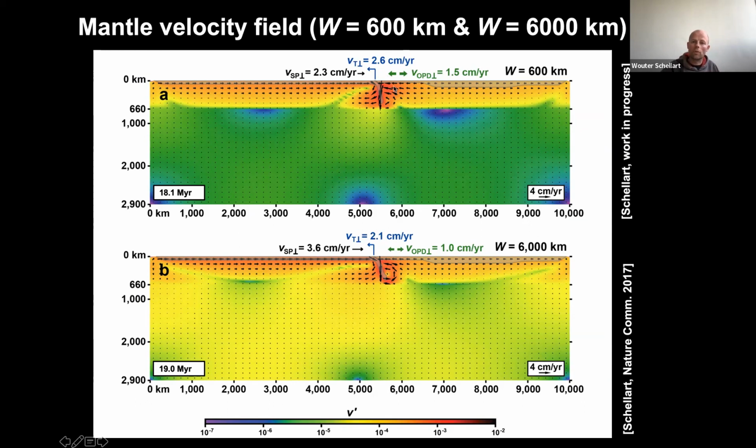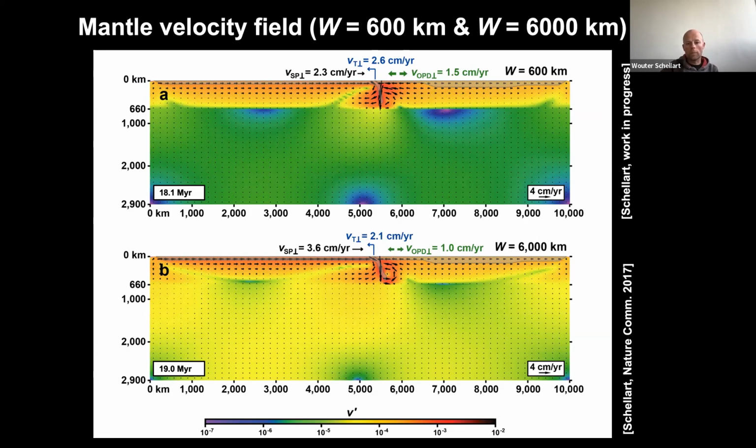We have significant basal drag, basal shear tractions, close to the trench, and much smaller basal shear tractions far from the trench. And this gradient in shear traction simply pulls the overriding plate apart, right? We get tensional stresses in the overriding plate, and basically we extend the overriding plate and generate a back arc basin.